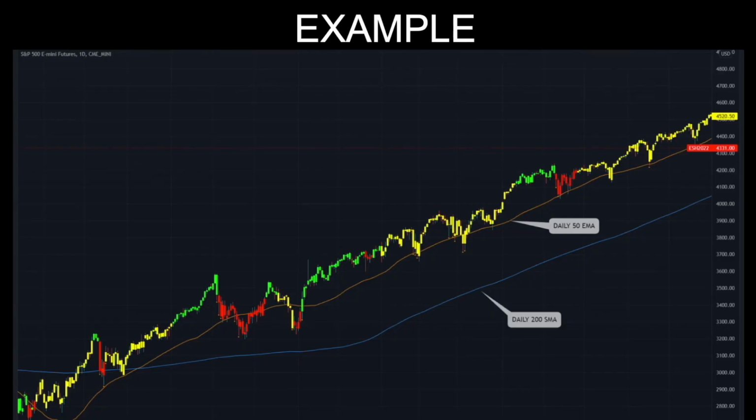Here is an example that I have prepared for you of two different moving averages visualized on the same chart. In this case, we have the 50 daily EMA and the 200 daily SMA. And after the last slide, you probably understand now what these labels mean and what the combination of letters and numbers means.